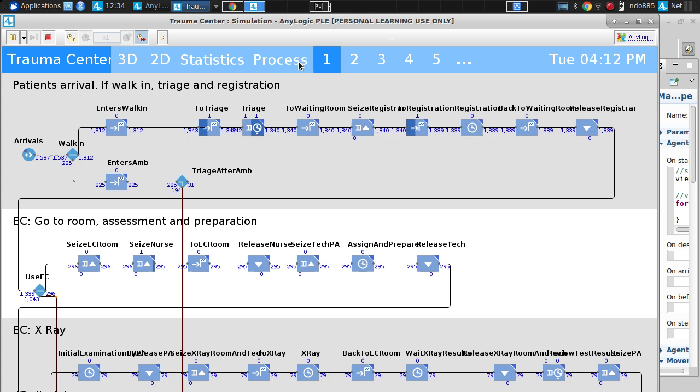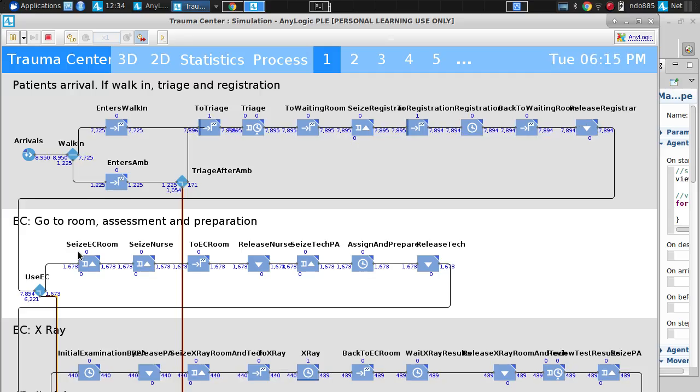Over here, you could see the process. This is a depiction of the successive stages of workup of a given individual, the workflow, as it were, where they walk in, entering either via ambulance or walk-in, and then they're triaged and go to a waiting room, and then they undergo registration, go back, and then they're released.